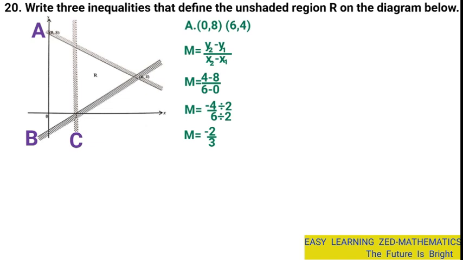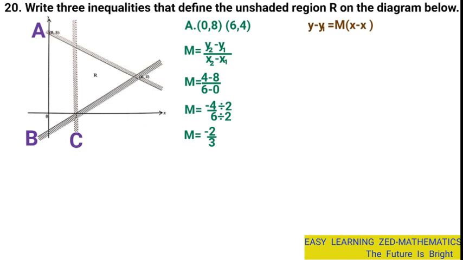Once I've found the gradient, I'll go further and find the equation that can represent that line. So I'm going to write y minus y1 is equal to m open bracket x minus x1.